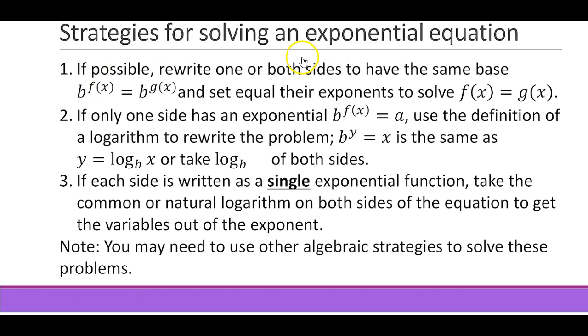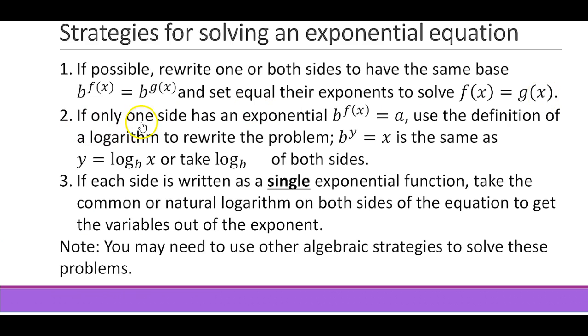Let's review some strategies for solving an exponential equation. If possible, we'd want to rewrite one or both sides to have the same base. So b to the f of x equals b to the g of x. Because then, since they have the same base, we can set their exponents equal and solve f of x equals g of x.